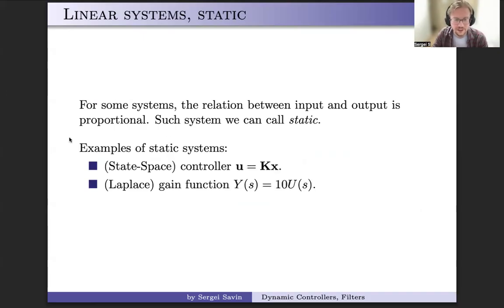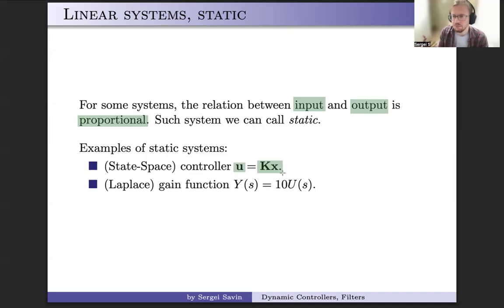Now, some systems can be said to be static. They're static because what they do is they just take input and make an output which is proportional to the input. For example, U is equal to Kx. X is just multiplied by a matrix.